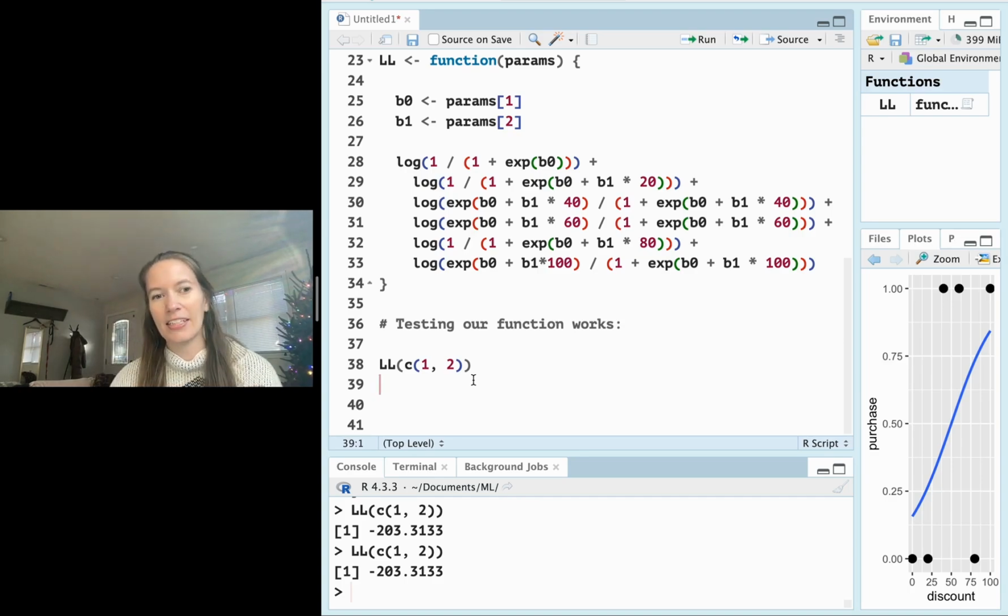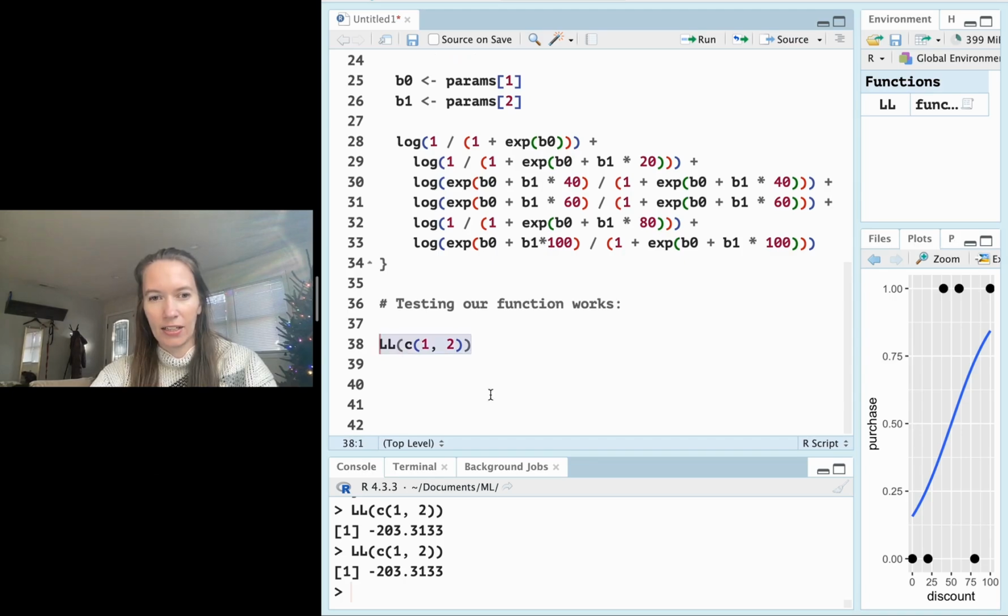So if the likelihood is anything less than 50-50, it's going to be large and negative. Really, you want to compare the log likelihoods of different beta 0 and beta 1s. This number by itself doesn't have a ton of meaning, but you can see, let's try 2, 2. That has a log likelihood of negative 206. Having a smaller beta 0 is more likely than having a larger one, at least comparing these two things.